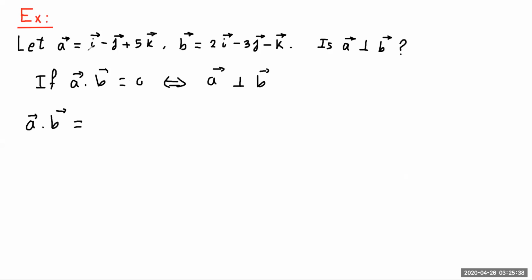Take 1 by 2, it's 2, minus 1 by minus 3, plus 3, 5 times minus 1, minus 5. So the final answer is 0. So the vector A is orthogonal to the vector B.